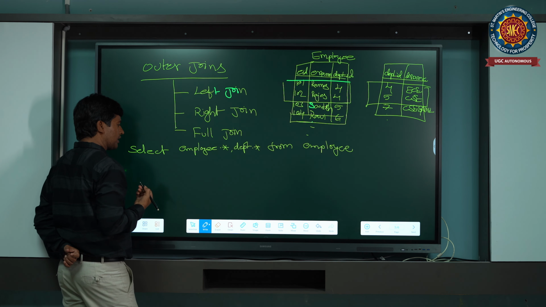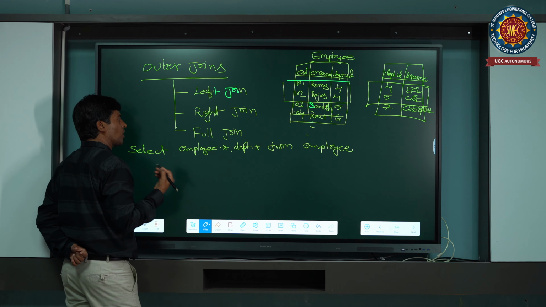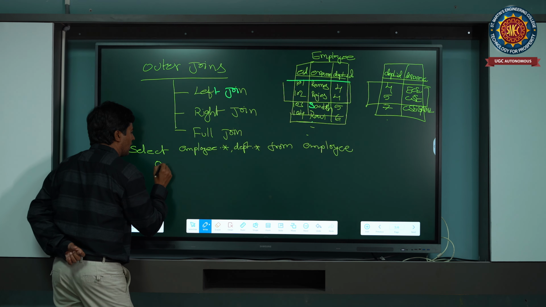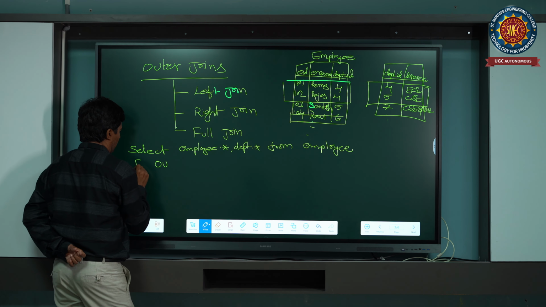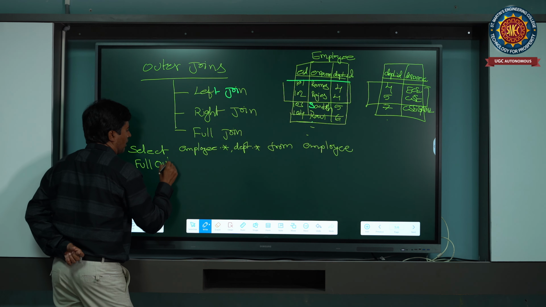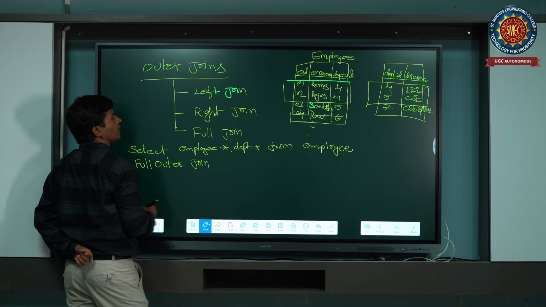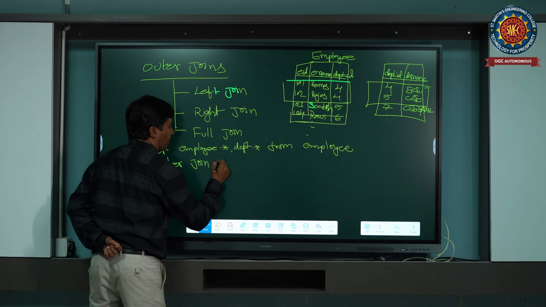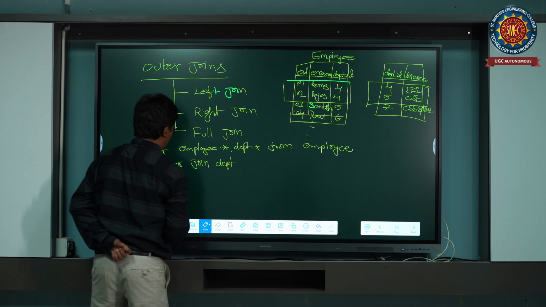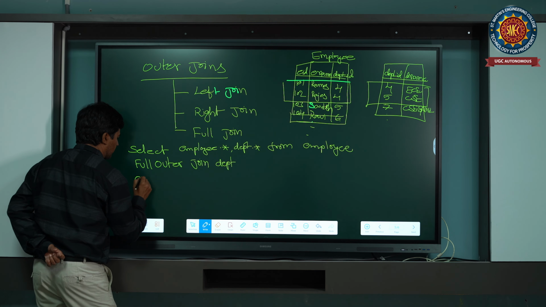We are not ready to lose any data from both tables. In that case, we are using full outer join. Then you can use department and you can specify the condition.